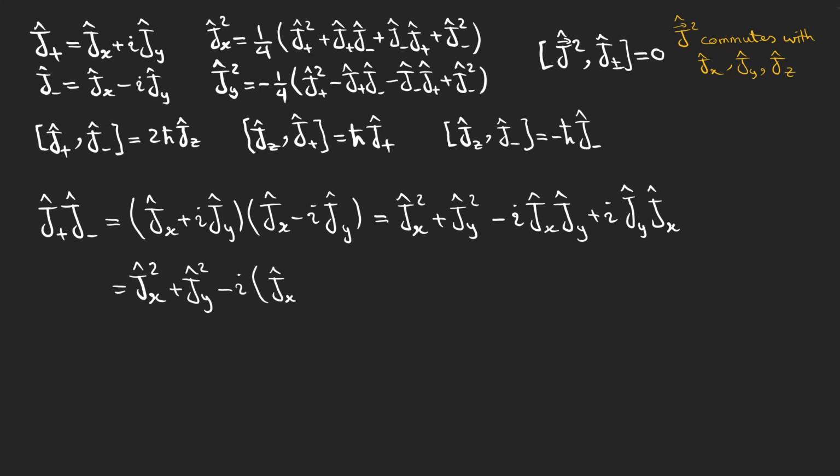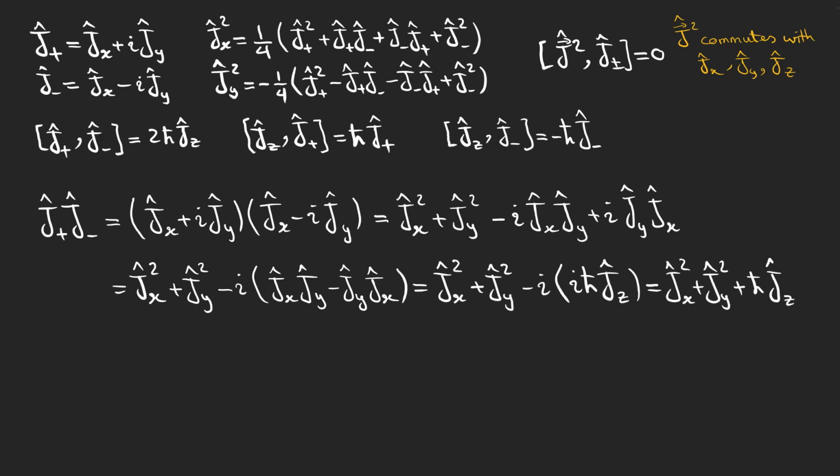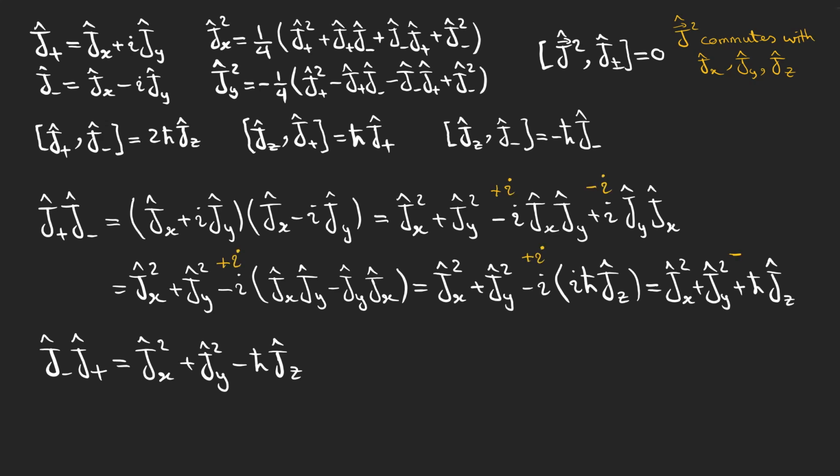We can write it as jx squared plus jy squared minus i times this term, which gives jx squared plus jy squared plus h bar jz. We can also find the j minus j plus operator to be jx squared plus jy squared minus h bar jz, and I have shown you what has changed to give us this expression.